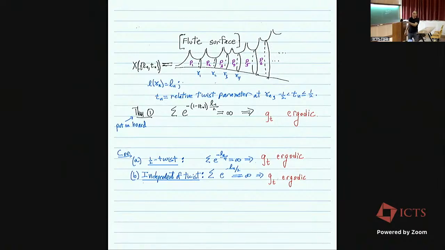The way to think of this is that the Ln's can be growing, which was already surprising to us. You could have the lengths growing and still get ergodicity. It's just that they have to grow slowly, sort of logarithmically.